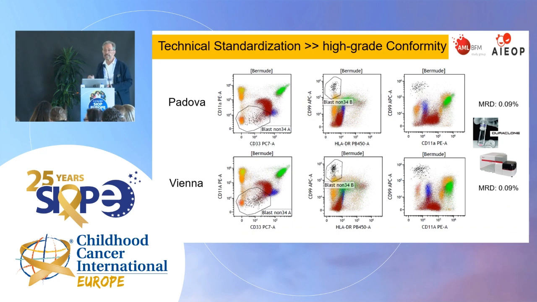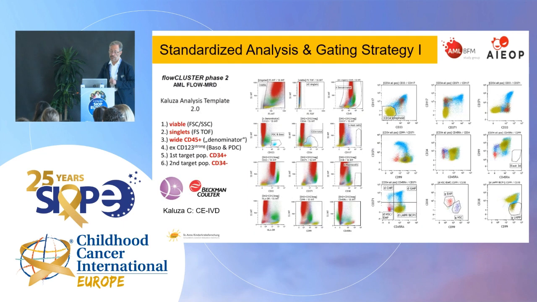And if we standardize, and it's nowadays possible by standardizing the machinery and the cocktail tubes, we really can run this MRD testing in several centers at similar quality. So we distributed samples with MRD content to, for example, our friends in Padua and did the same at our site, and you really see that nowadays it's possible to come to a very standardized level of investigation.